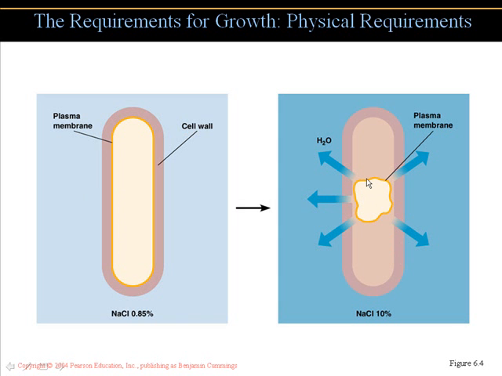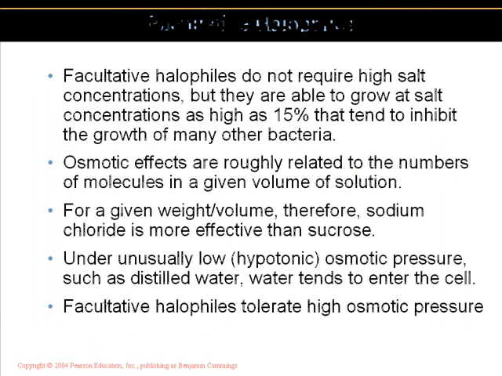The cell membrane will shrivel up, collapse away from the cell wall, and thus inhibit or kill the microorganism. Facultative halophiles do not require high salt concentration, but they are able to grow at salt concentrations as high as 15%, and they tend to inhibit the growth of many other bacteria.